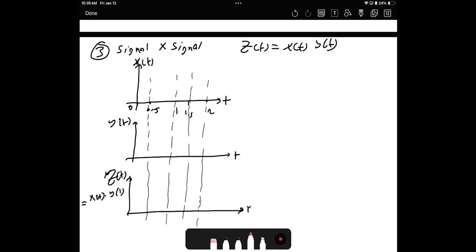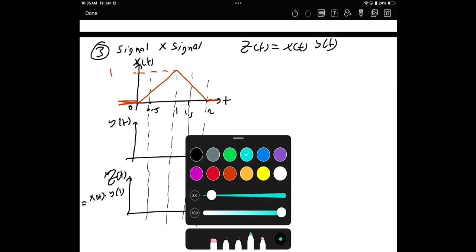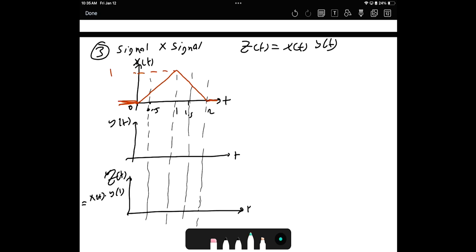Then, let me plot the waveform as an example. Here it will go to 1, and here was 0, so this is 1. The other one is at 0.5, it will go here, so it was 0, then it will reach 1. Now my target is to make the multiplication.